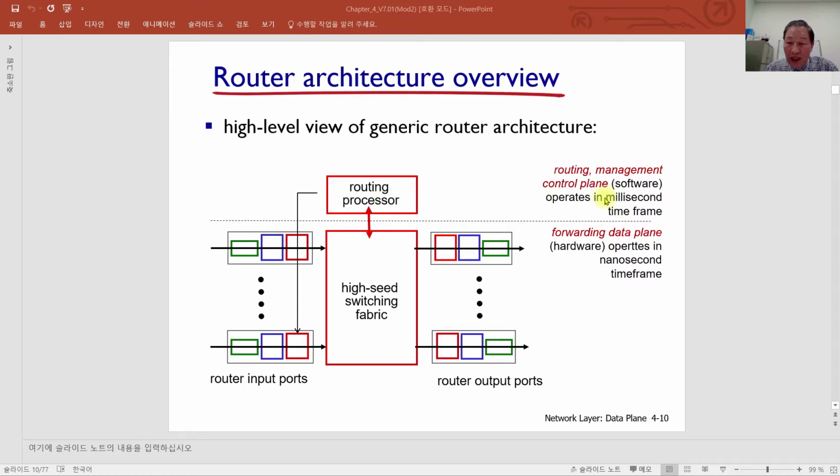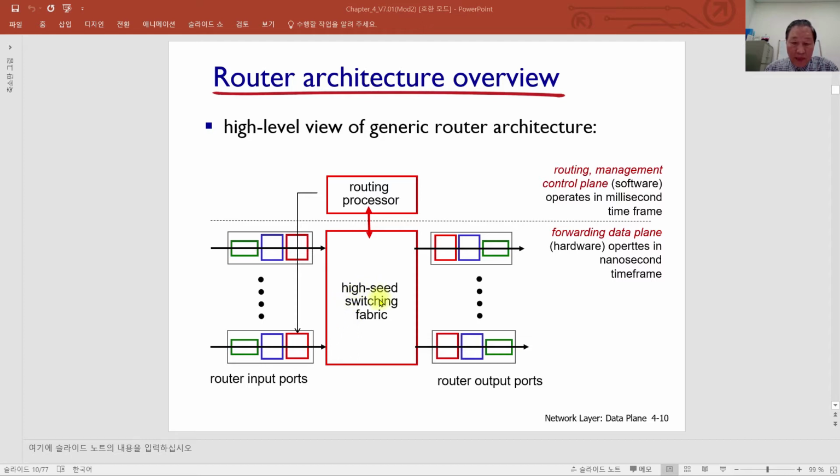This software is running a little bit slower than this, operates in millisecond time frame. But this one should be very fast. That is operating in nanosecond time frame, because that packet should be forwarded immediately in very fast speed.